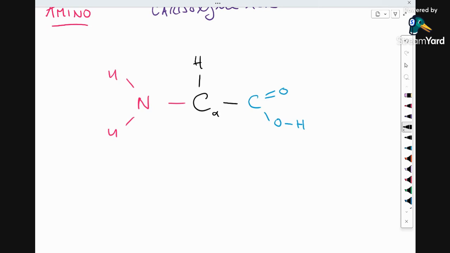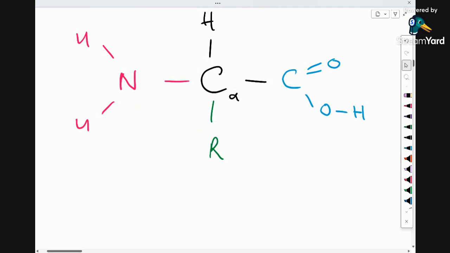Fairly straightforward. And I'll swap color now to green because we then have what we call an R group. And that's the structure of a general amino acid. Okay. And I'm just going to point out now briefly what this R group is. We'll touch on it later. But this R group here represents a variable group.